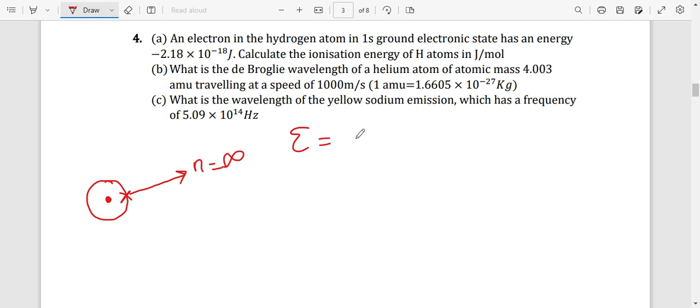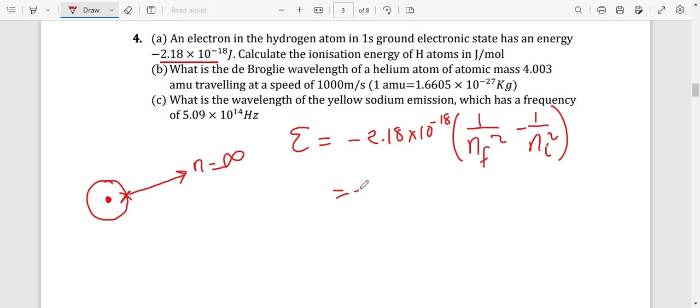The energy is given by negative 2.18 times 10 to the power negative 18, the Rydberg constant energy that an electron possesses in the first energy level, times 1 over the final energy level squared minus 1 over the initial level squared.